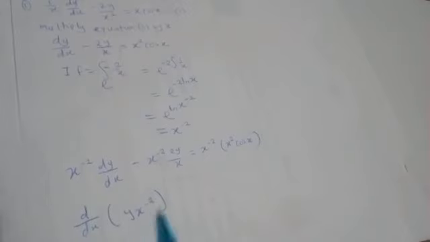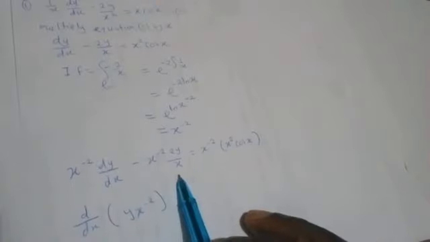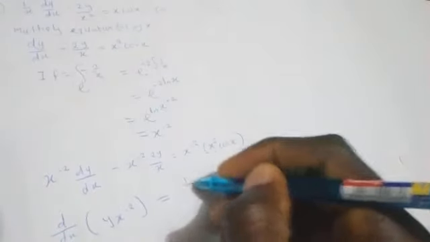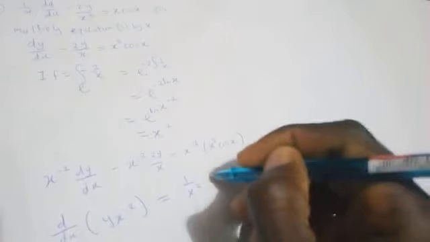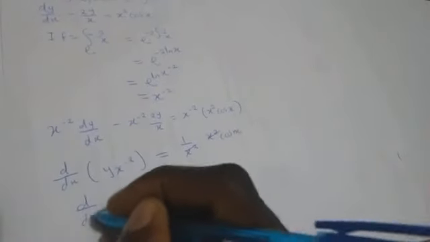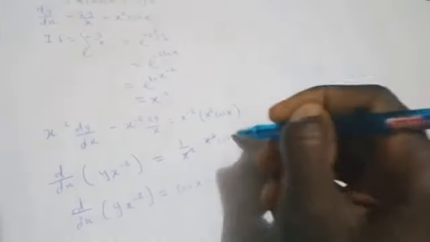If I differentiate x to the minus 2, by the product rule keeping y constant, I have negative x to the minus 2 times y/x. Very good. The right side is 1/x squared multiplied by x squared cosine of x, so these cancel out. Now I have d/dx of y x to the power minus 2 equal to cosine of x.